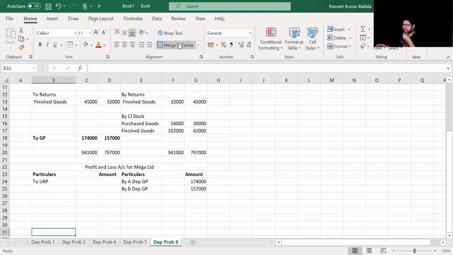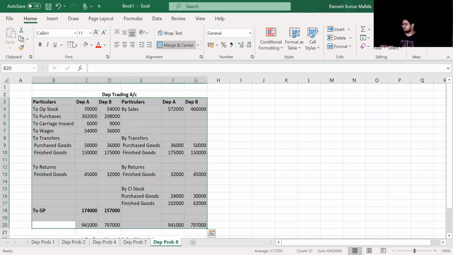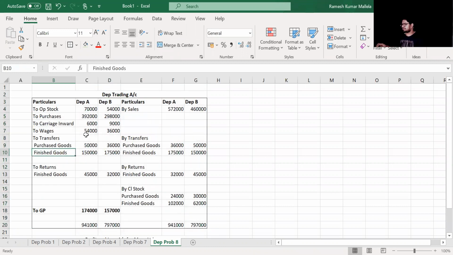Do you know the percentage of profits being made by these guys? We do not know. So we'll have to first calculate the gross profit margins, and only then go ahead with preparing the entire solution to it. Okay.